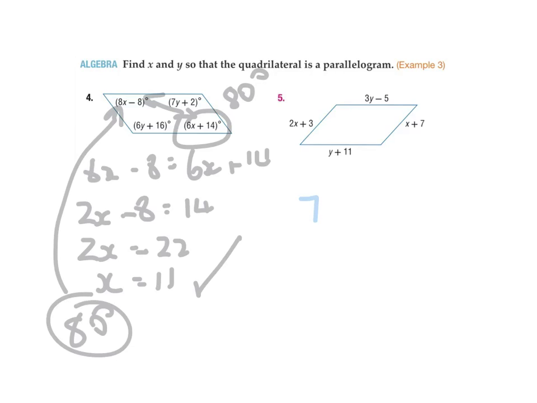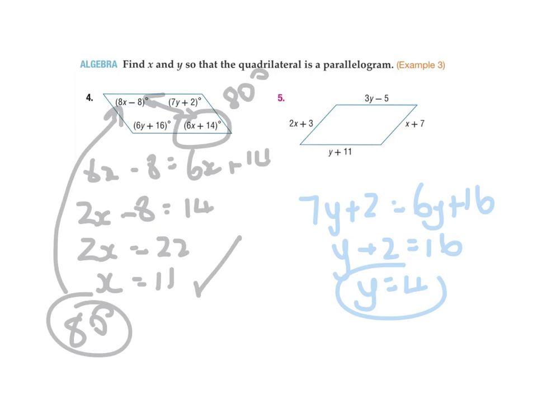So you've got 7y plus 2. That must equal 6y plus 16. Subtract 6y from both sides. y plus 2 equals 16. Subtract the 2 from both sides. y equals 14. Okay, plug it in. 6 times 14 is 84. 84, add the 16, that will give you 100 degrees for that angle there.